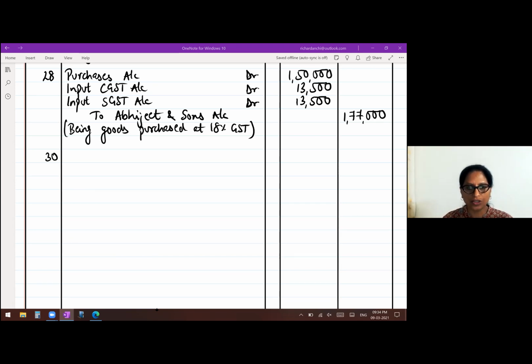That is the cash discount. So cash discount has to be shown in the books of the accounts. So here you are paying to Abhijit. So write the entry, Abhijit and Sons account debit. They are the receiver. Abhijit and Sons account debit 1,77,000. That is the amount that has to be paid to him. To bank account.